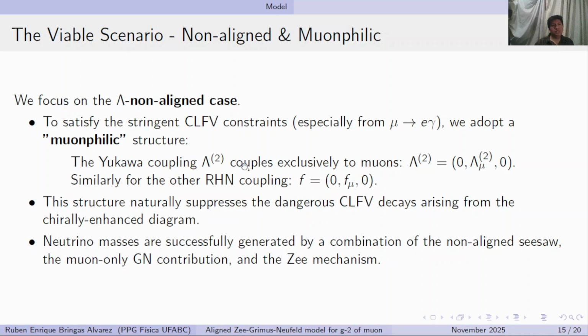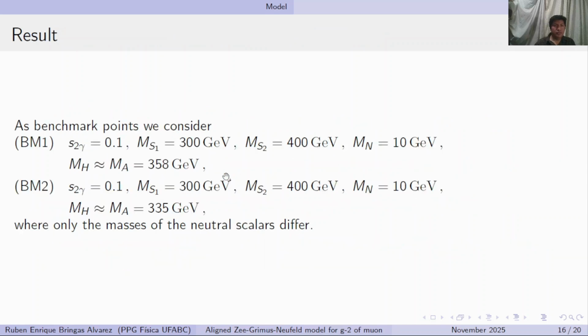In this non-alignment case, we look for the best scenario to solve everything we need. As a result, we found this benchmark, where gamma is an angle of rotation that we use to get S1 and S2. These come from the charged singlet scalar and from the charged scalar in the second Higgs doublet.